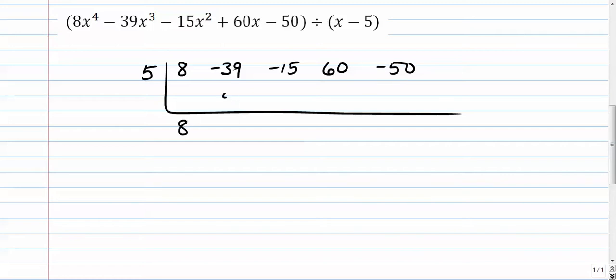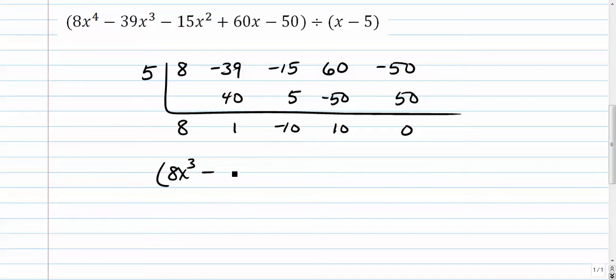Bring the 8 down, multiply, add, multiply, add, multiply, add, and we're left with 8x cubed minus x squared minus 10x plus 10.